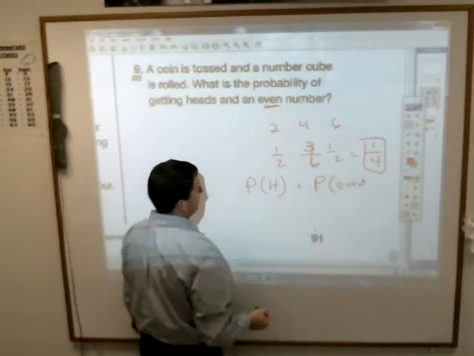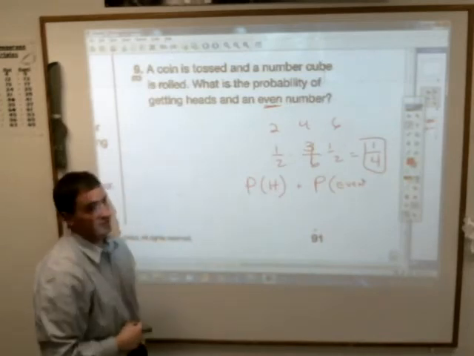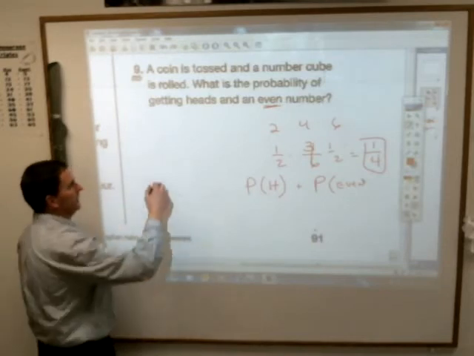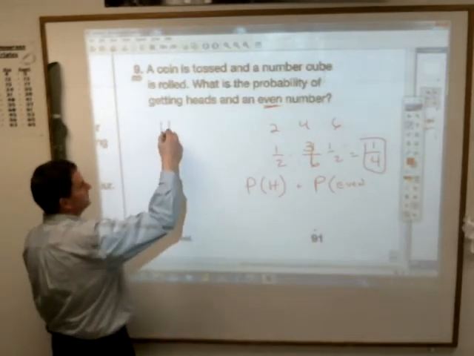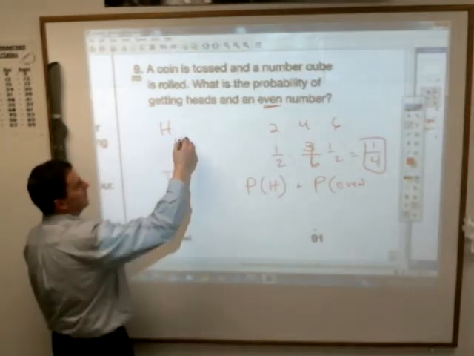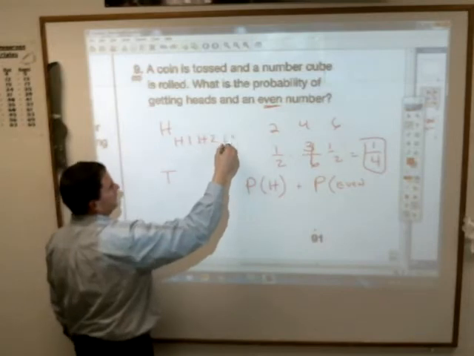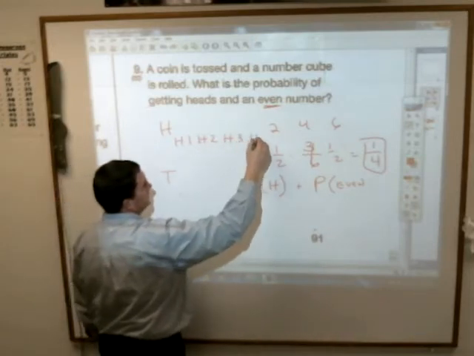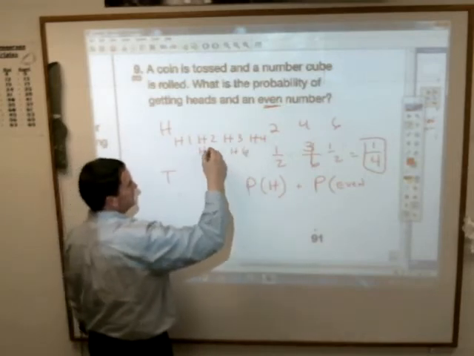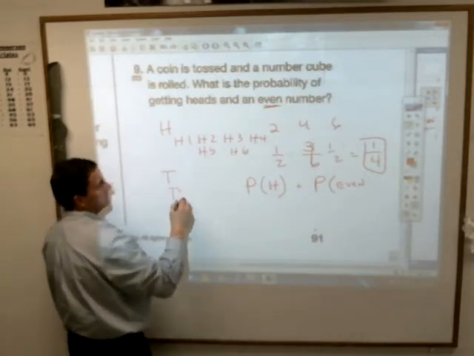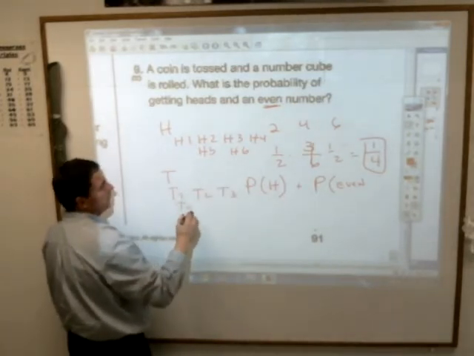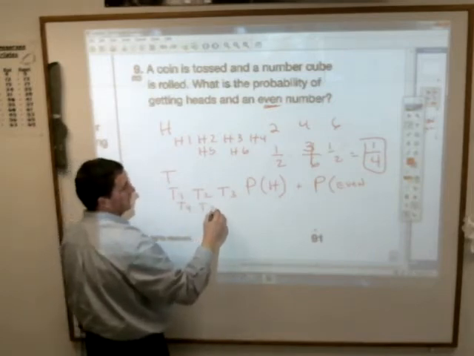The other way to do it, Jackson, if you really want, is to write down all your possible combinations and see how many of them you get. But I wouldn't recommend that. You can either flip a head or a tail, right? So you can get a head 1, a head 2, a head 3, a head 4, a head 5, and a head 6, correct? Or you can get a tail 1, tail 2, tail 3, tail 4, tail 5, and a tail 6.